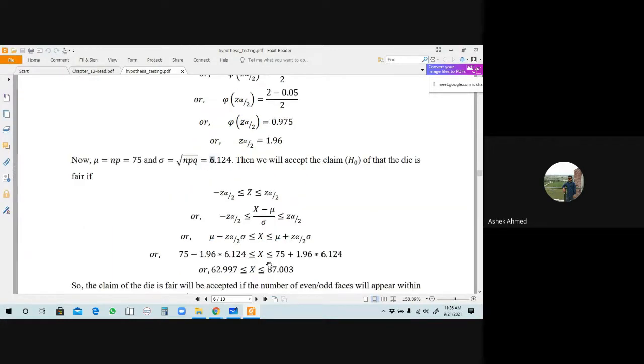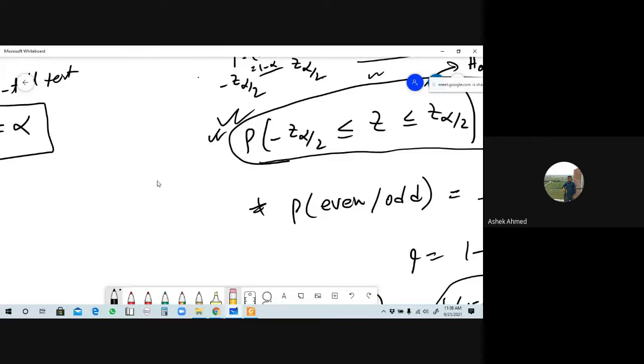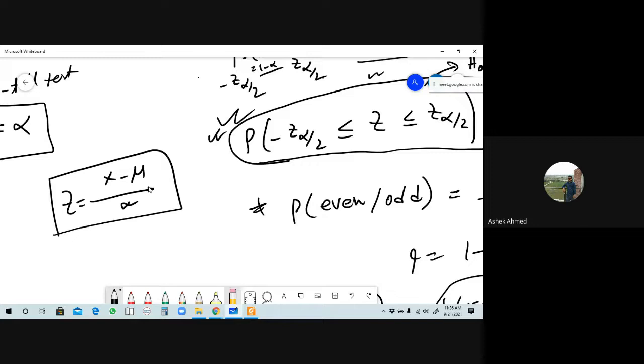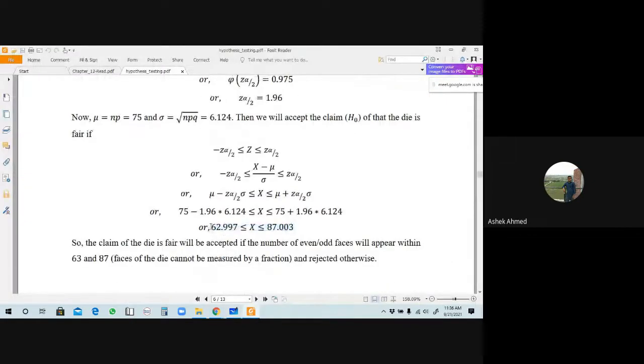Then we will get this result. Understand? Can you remember what is the relationship between z and x? That was z equals x minus mu by sigma. Is it right? Respond, was it so? Yes, sir. We will apply this formula. Okay, then we will get this result here.